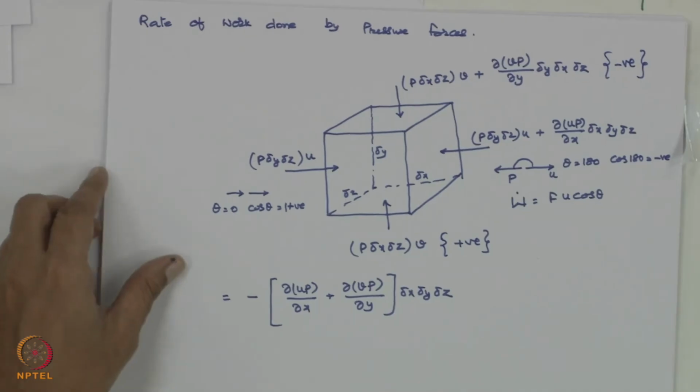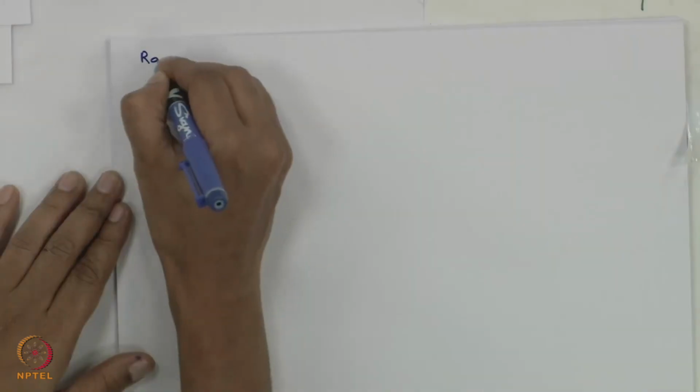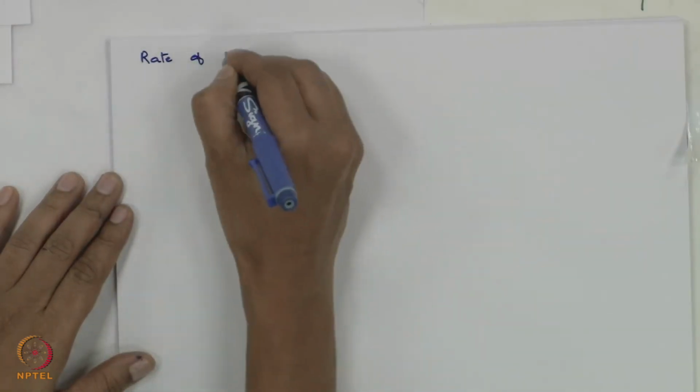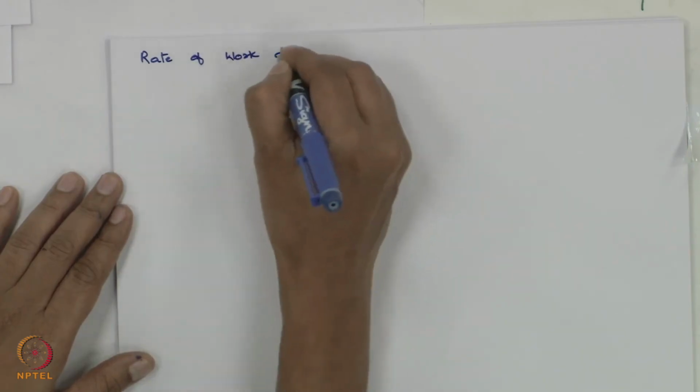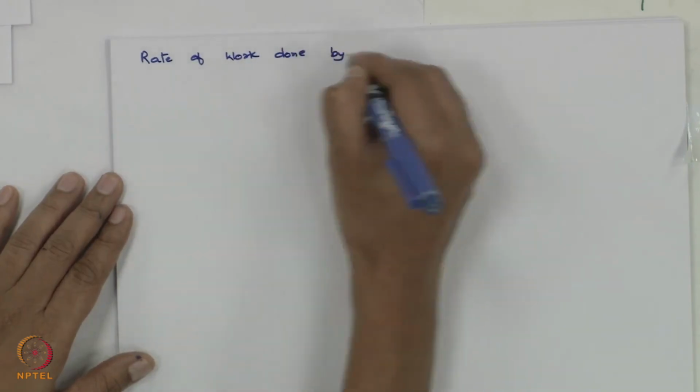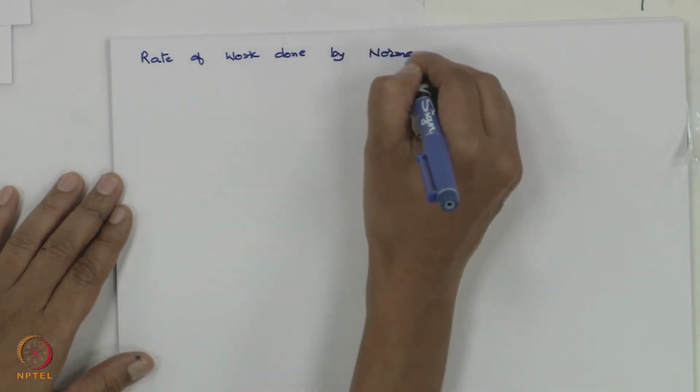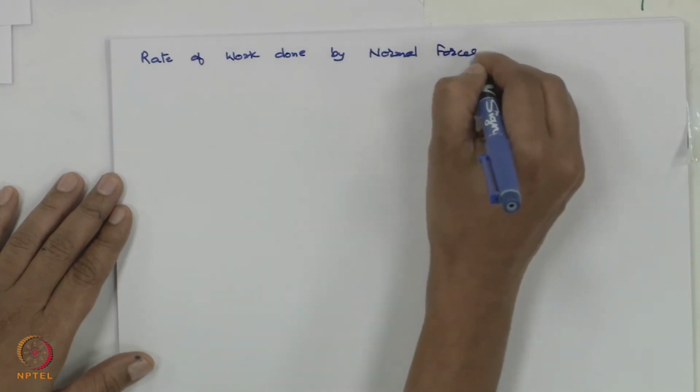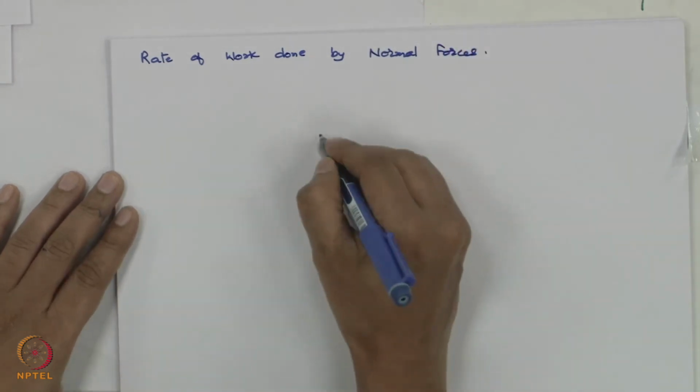Similarly, let us do the rate of work done by the normal forces. Okay, so again the same parallelepiped.